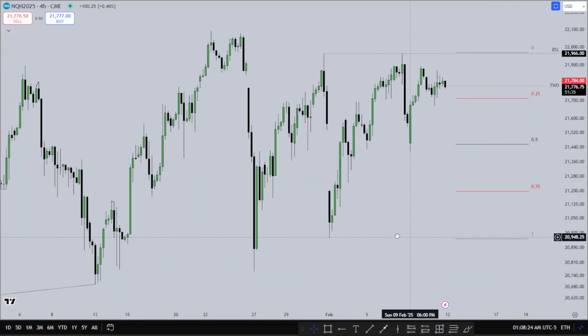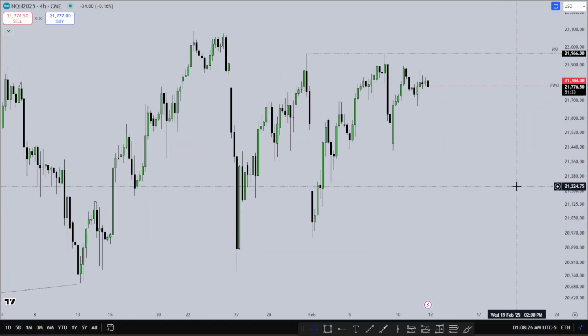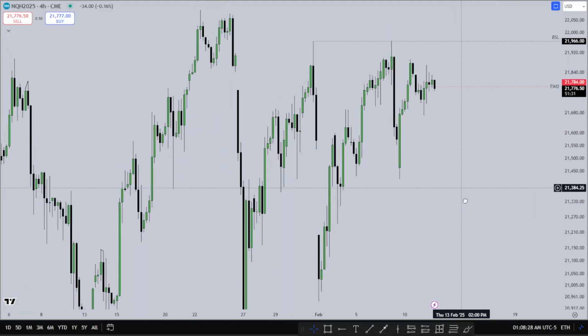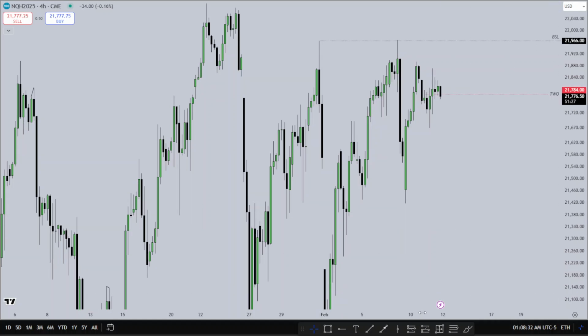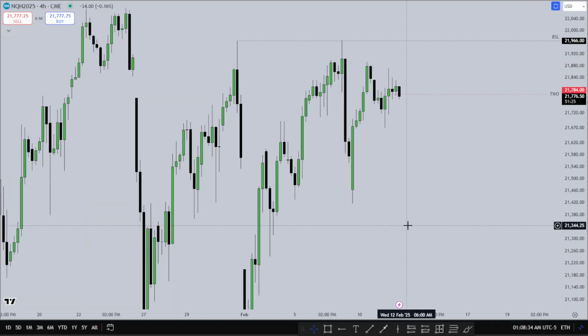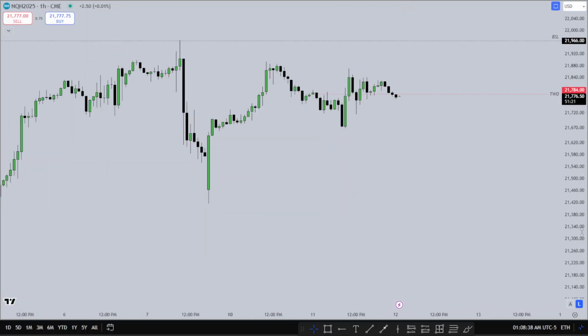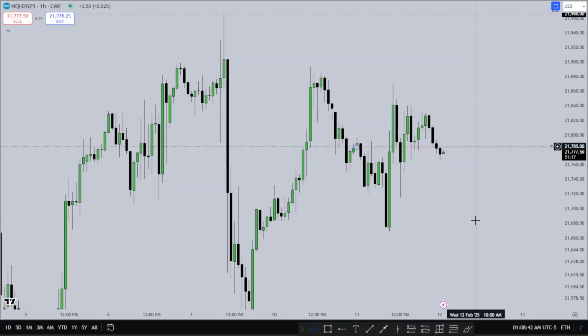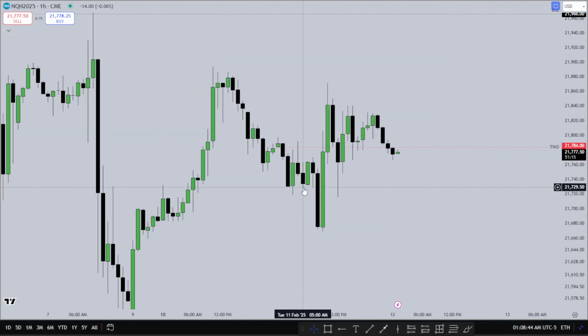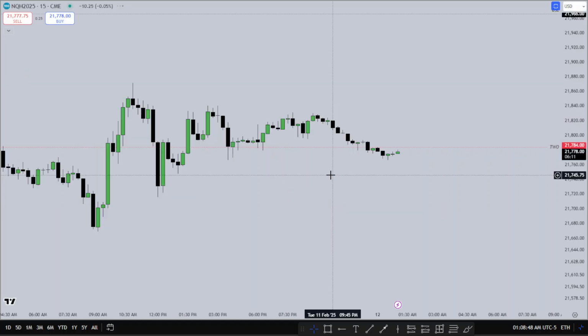But this was basically what I was expecting, and then we had an intermarket SMT with NQ, I mean with the forex pairs. So if we go into the 1 hour, I took this trade today and I entered around on the 15 minutes.